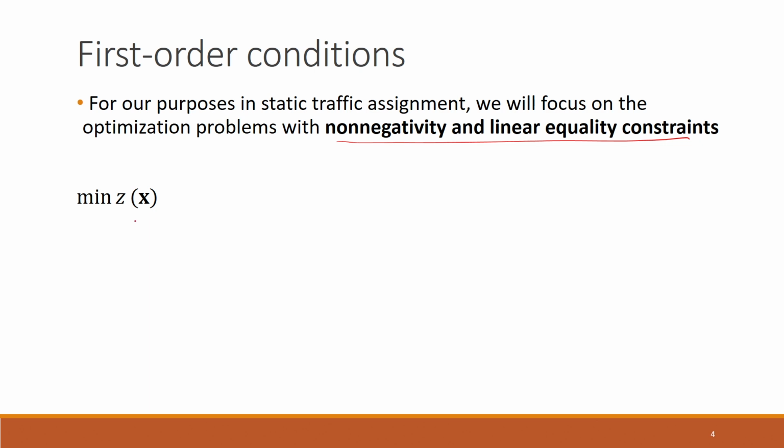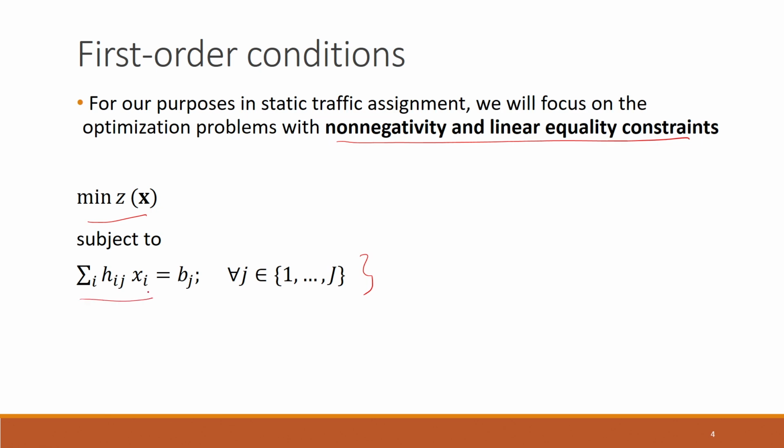So, we have this function: minimize z(x) subject to, so this is the set of linear equality constraints. You can see that here instead of gj(x) we have this linear constraint given to us: summation hij xi over all i is equal to bj. Okay. And then we have these non-negativity constraints here, that is xi is greater than or equal to 0 for all i.